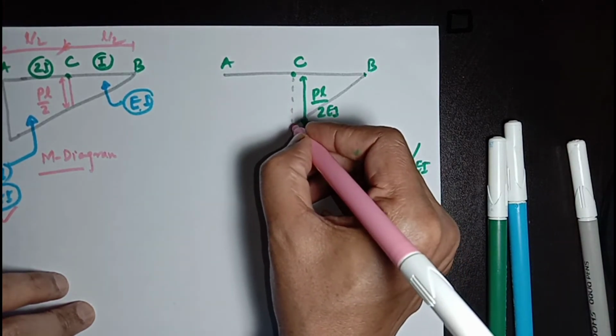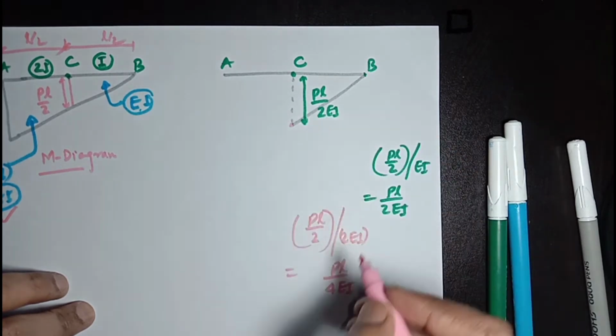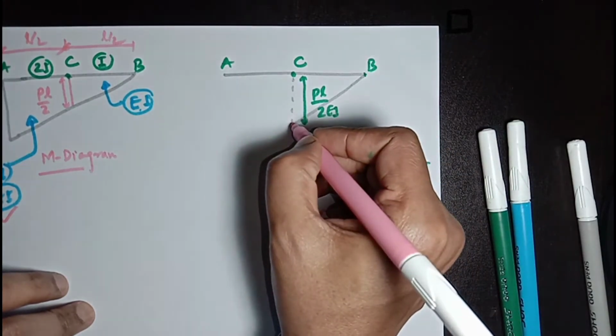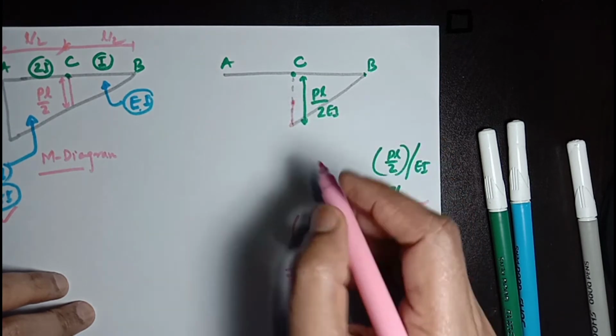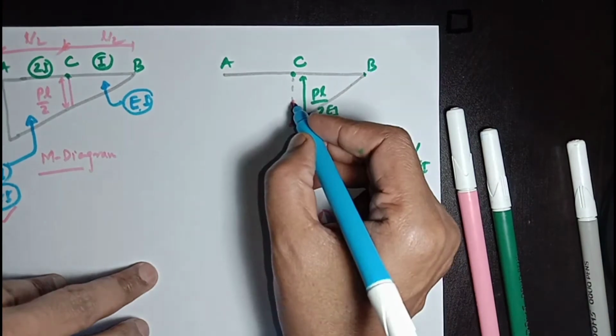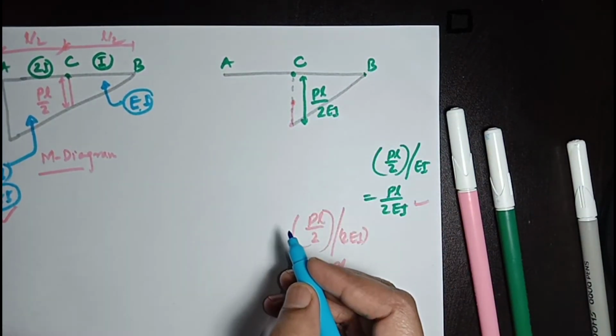So just left of C, the value of PL divided by 4EI will be lesser than this, and the value here will be PL divided by 4EI.